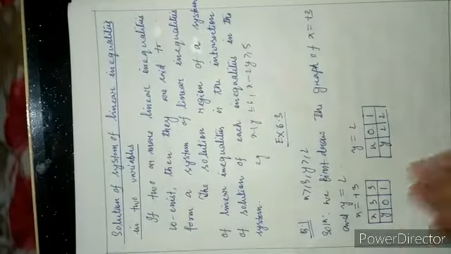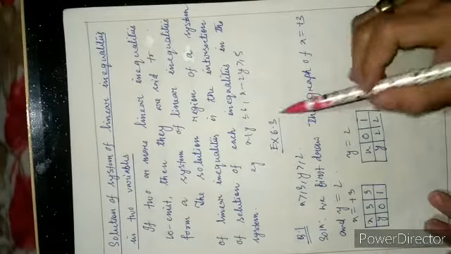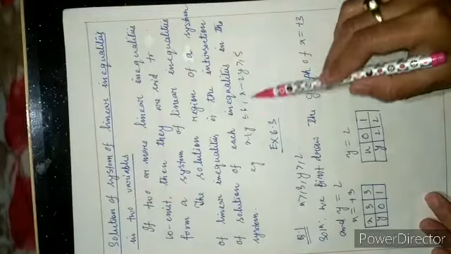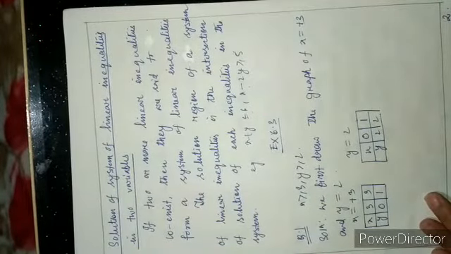We find the values of x and y satisfying both. First inequality is x plus y less than or equal to 6. Second inequality is x minus 2y greater than or equal to 5.